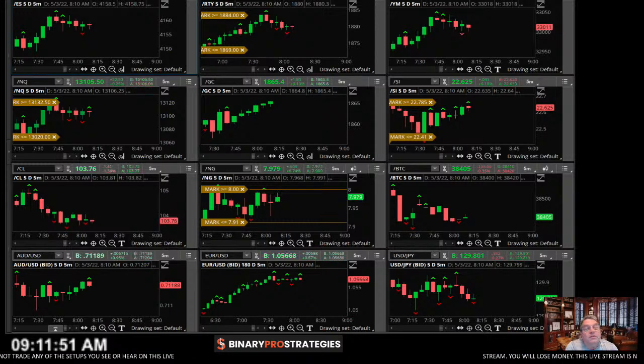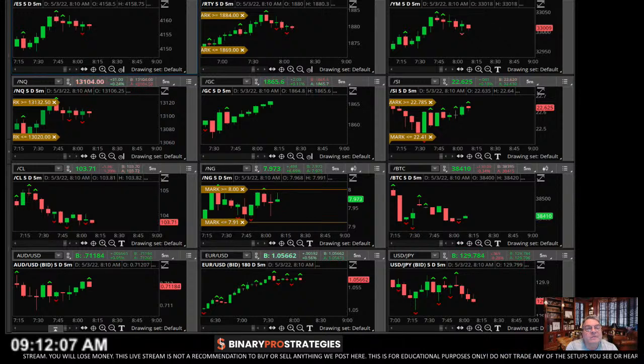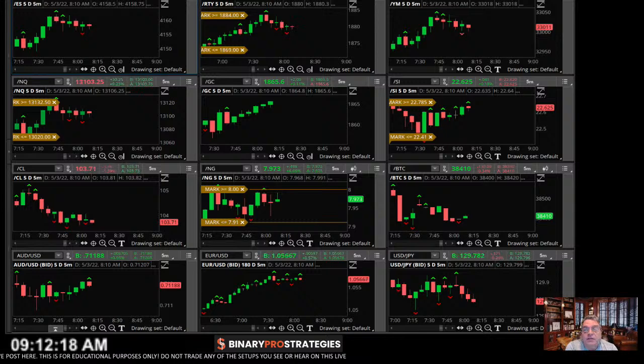All right, so far it looks like we're going to be getting a higher opening on the Dow. If you're trading the US yen and the JPY, keep in mind that Japan does have a holiday right now.